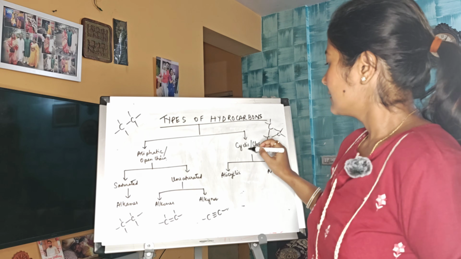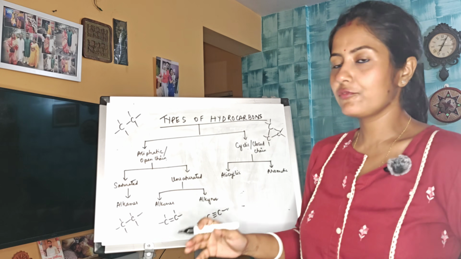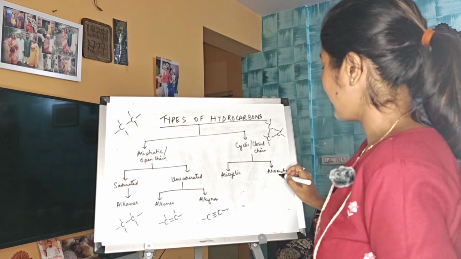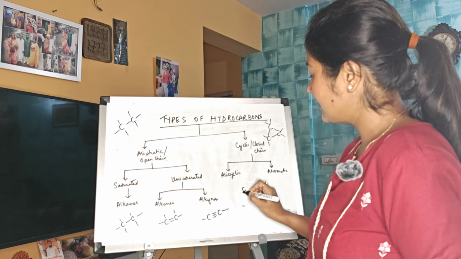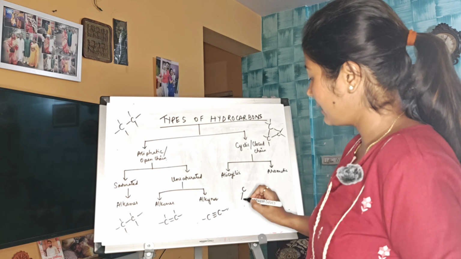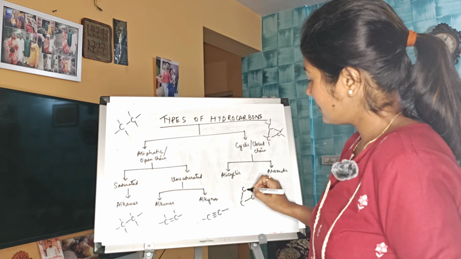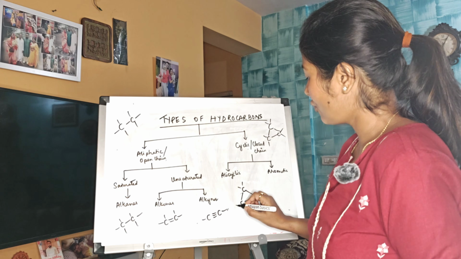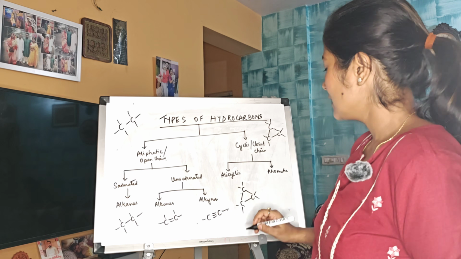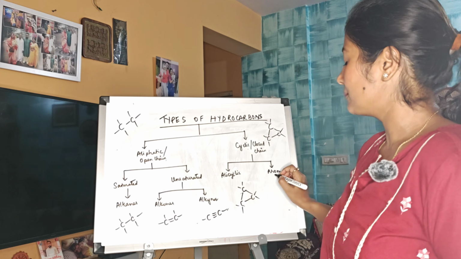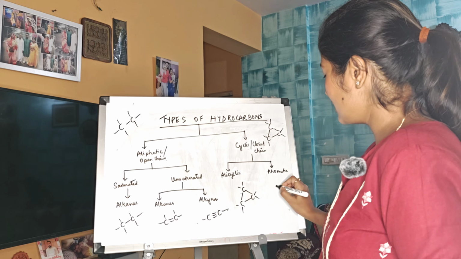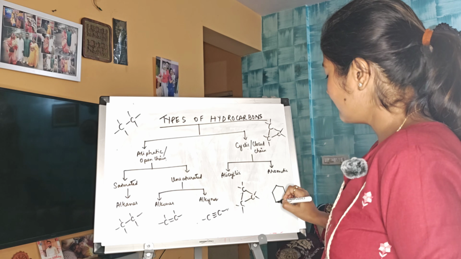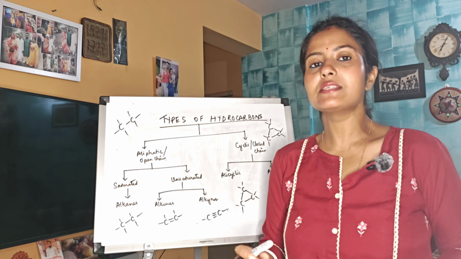Now here the cyclic or closed chain may again be of two types: alicyclic or aromatic. Alicyclic means carbon atoms may link to each other to form a closed chain. And aromatic compounds will contain benzene as an essential part, and they will contain alternate single or double bonds.